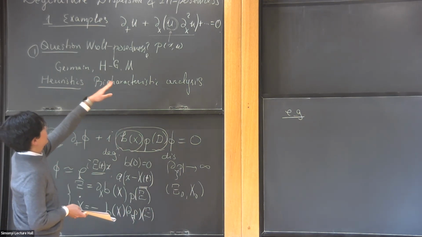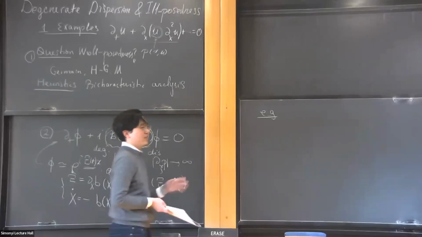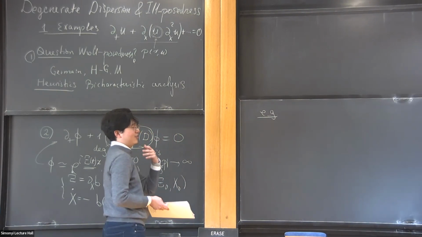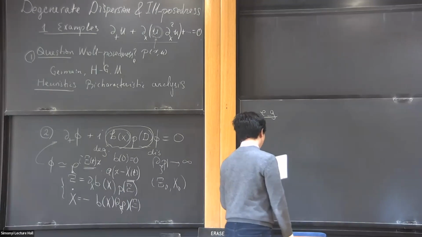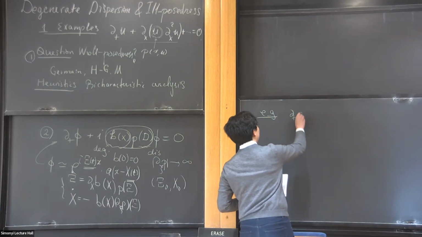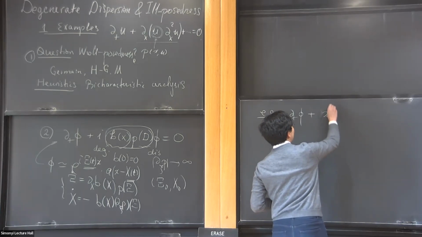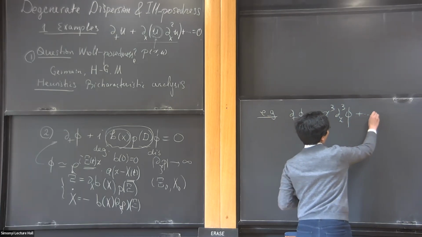In that equation, if you take u to be x cubed, it is an explicit solution. So you can linearize around that explicit solution, and that gives this equation: i ∂t φ plus i x squared ∂x φ plus all the lower order terms.